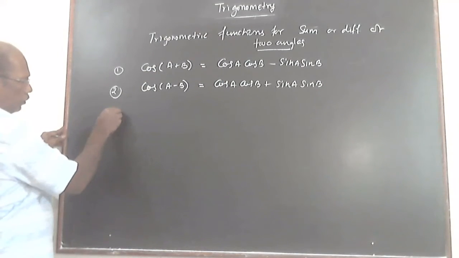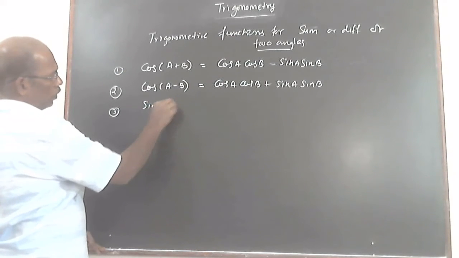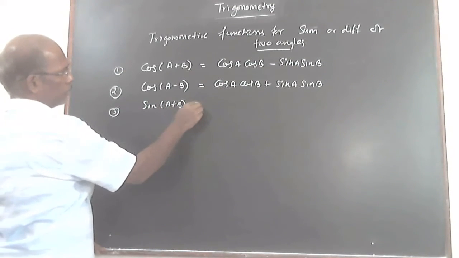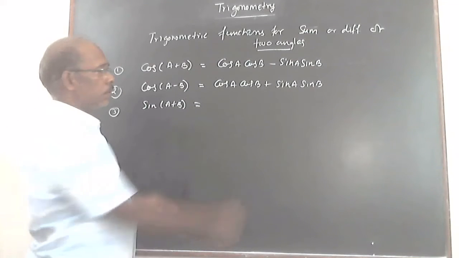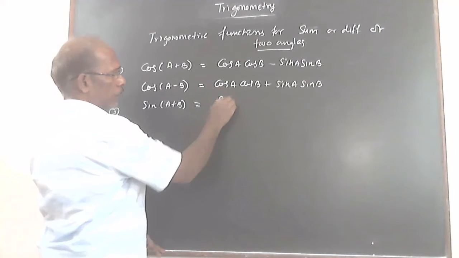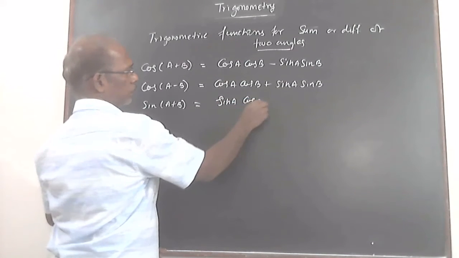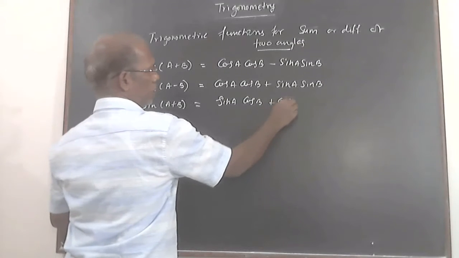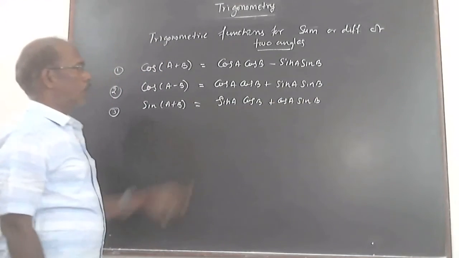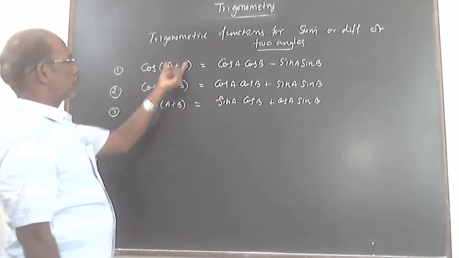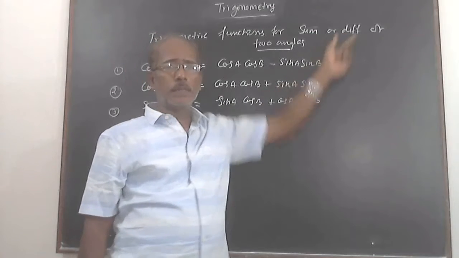The third one is for the sine of the sum of two angles, A plus B. Just remember, sine of A plus B is equal to sin A cos B plus cos A sin B. All are identities of compound angles, the sum or difference of two angles.